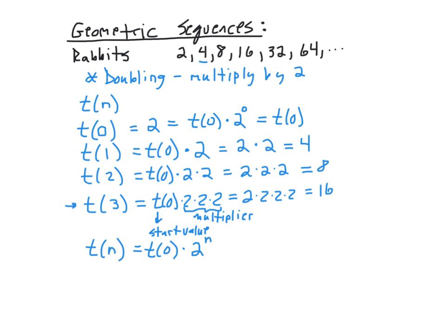Here, for t of 1, that would be t of 0 times my multiplier, 2, raised to the 1 power. Well, t of 0 is 2. 2 to the 1 is 2, and I get my 4. And I can keep going down the line. This would be t of 0 times my multiplier, 2, raised to the 2nd power. And I get 2 times 2 squared. Well, that's 2 times 4, 8.